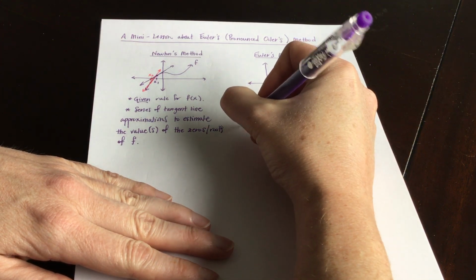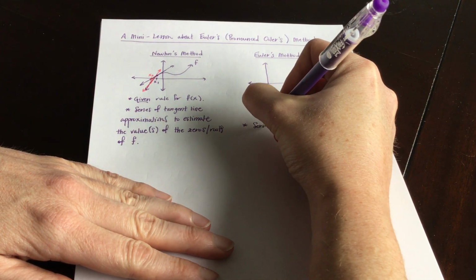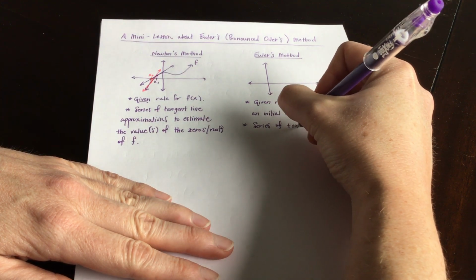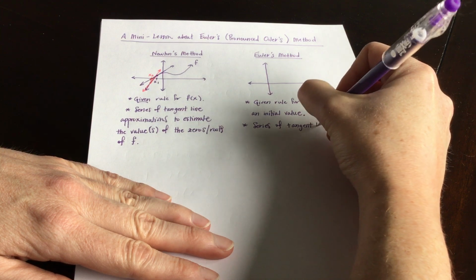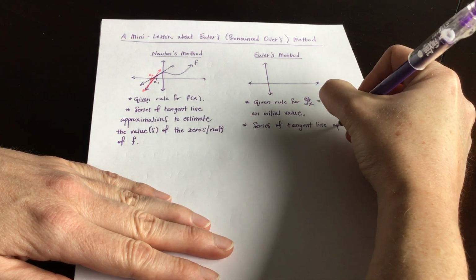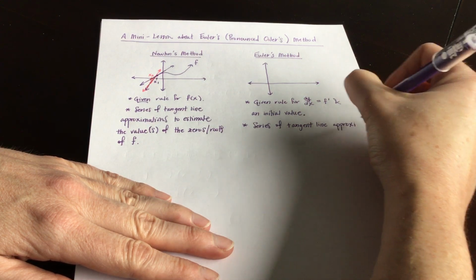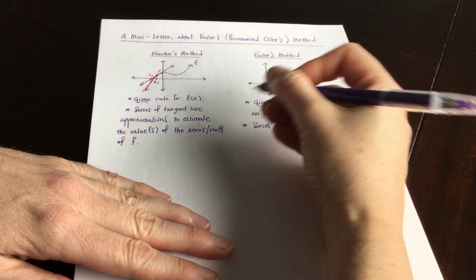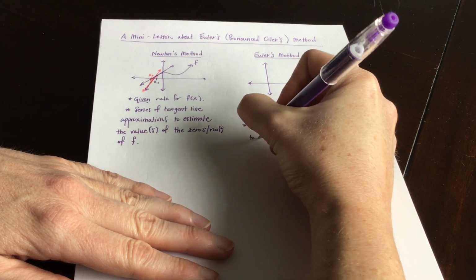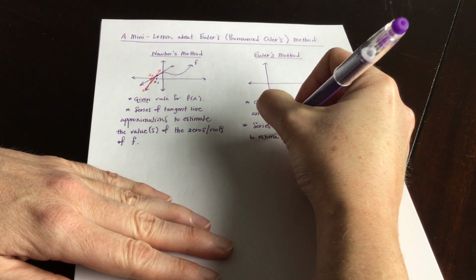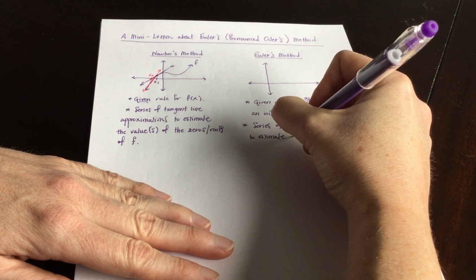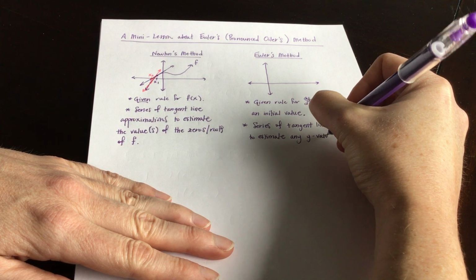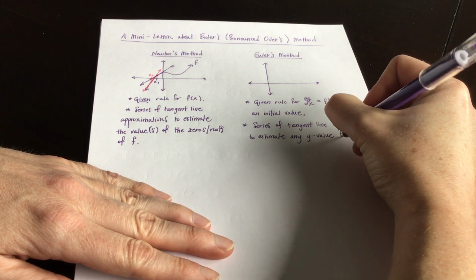And then Euler's method is a series of tangent line approximations to estimate any y value for the graph of f.